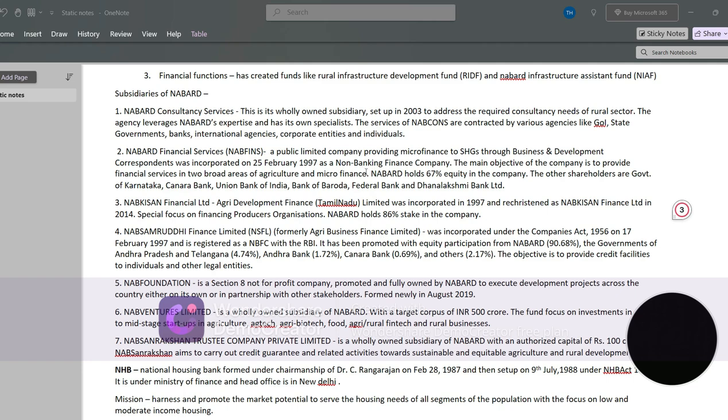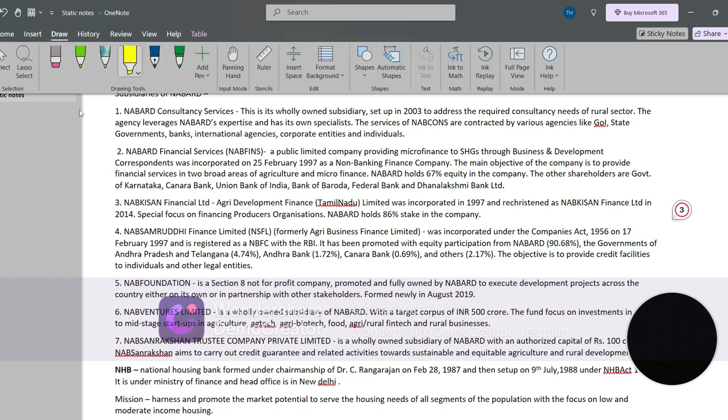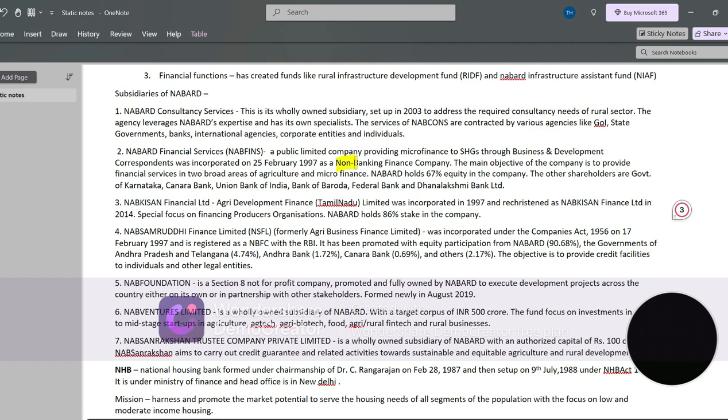NABARD holds 67% of equity, and other shareholders are Government of Karnataka, Canara Bank, Union Bank of India, Bank of Baroda, Federal Bank, Dhanalaxmi Bank Limited. This is the function of NABFINS.